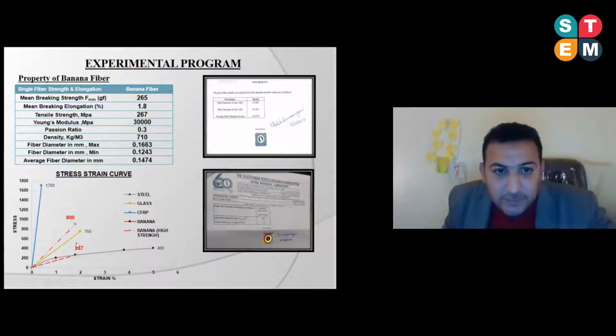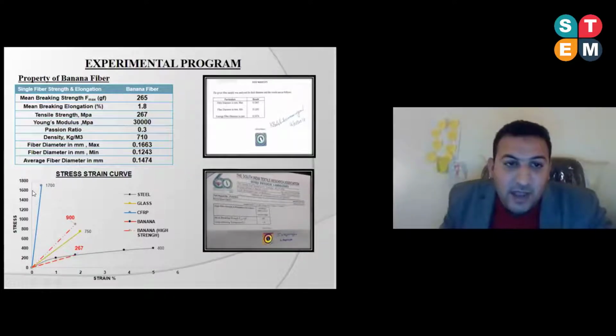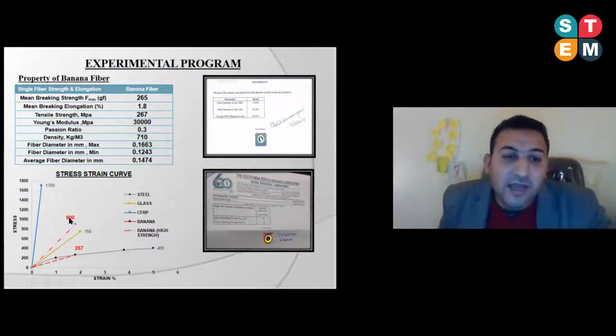This is steel. This represents the steel bar that reaches 500 megapascal, and this represents the banana fiber. Banana fiber reached 267, and the ultimate is 900.